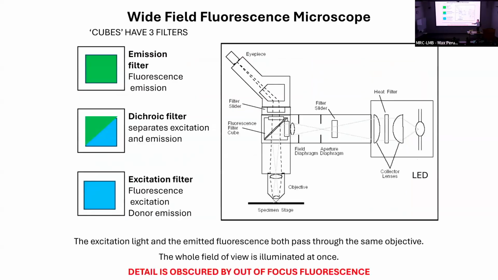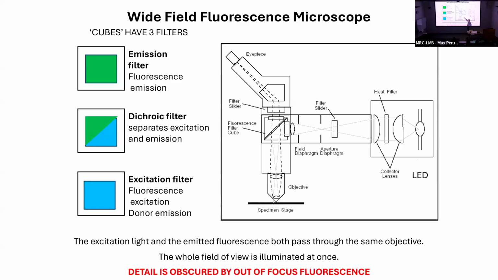A fluorescence microscope is not that complicated. You have an LED source somewhere back here, goes through the microscope into these filter cubes here. So this consists of 3 components. We've got an excitation filter, so that's the thing that selects the right wavelength of light to excite your fluorescent label at the sample down here.